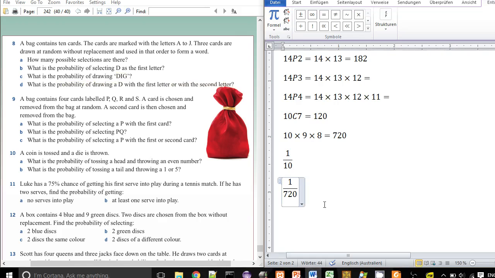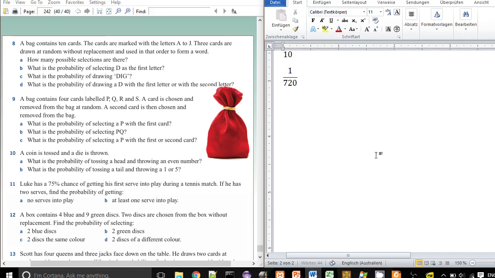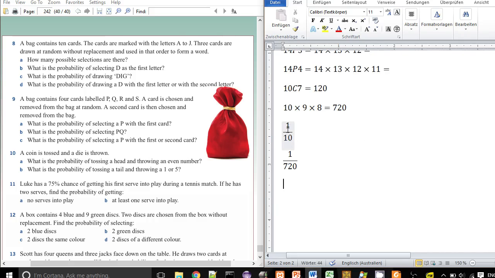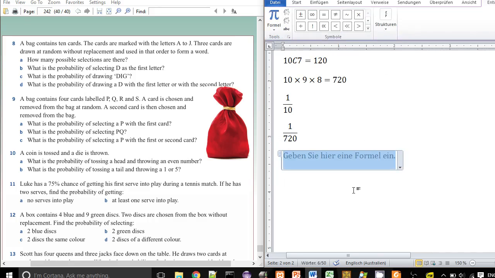Oh boy. Trying to think. These can be tricky. So I already know it's a 1 out of 10 chance that's the first. Oh, okay, actually, I guess it's the same. The chance of it being the second letter is also just 1 out of 10. But are they separate from each other? I guess it is. It can't be the first letter and the second letter. So I think you just add those.